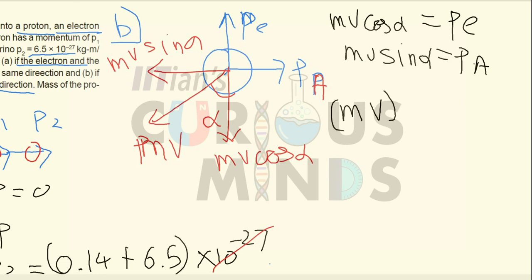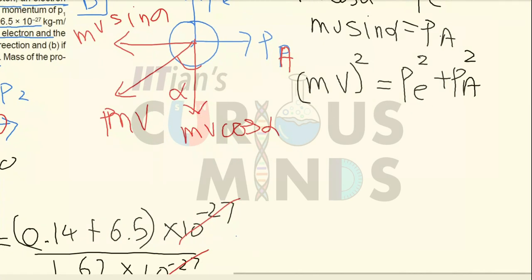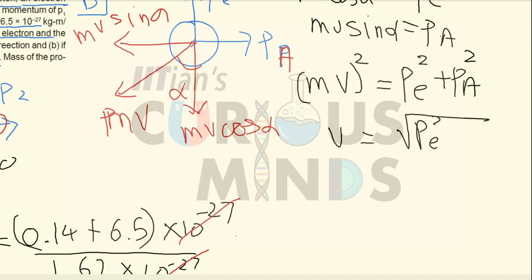So (mv) squared, since sin squared alpha plus cos squared alpha is equal to 1, will be the momentum of the electron squared plus the momentum of the antineutrino squared. So v will be equal to the root of (pe squared plus pa squared) divided by the mass of the proton.